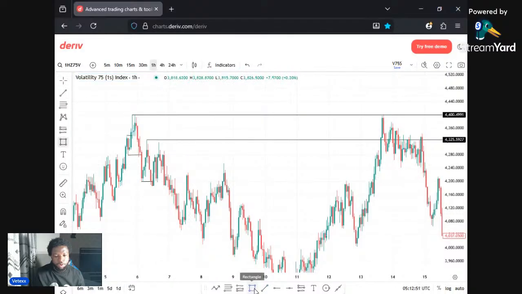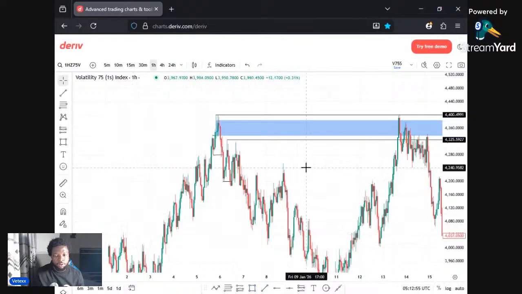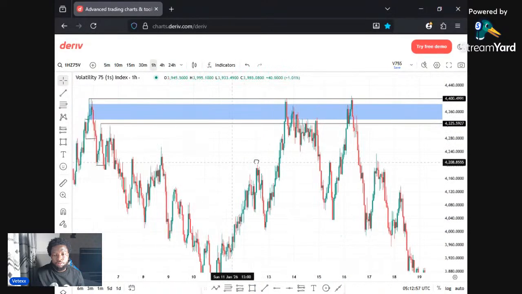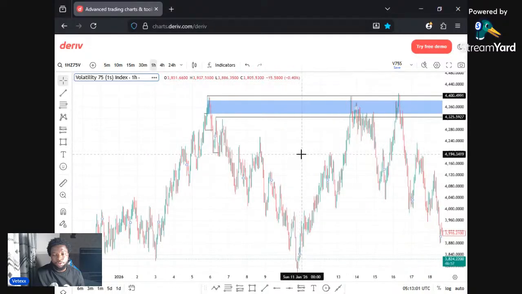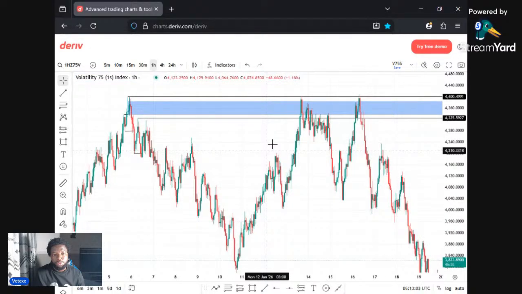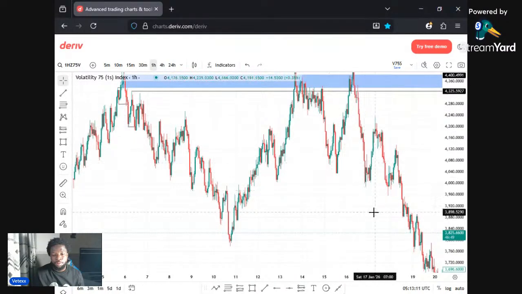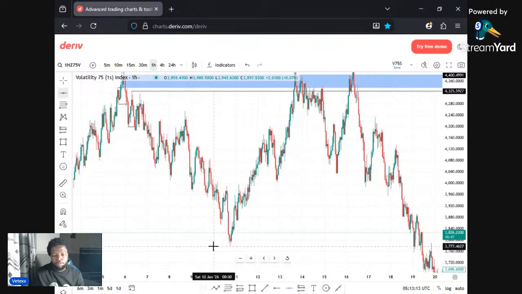And then this zone becomes what? Our point of interest. So you see that after price comes to this zone, which is the 1-hour time frame, you can start scaling down to the lower time frame, like the 15 minutes time frame, until price takes out this target.